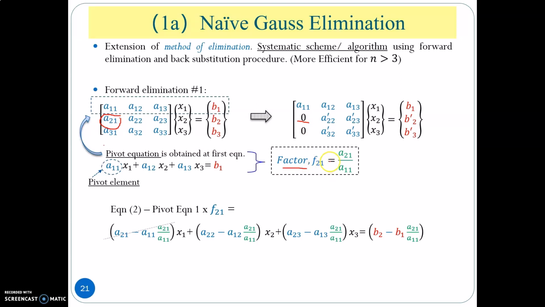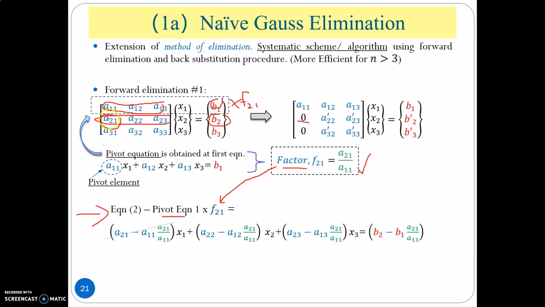So F21 can be obtained by A21 divided by the pivot element, which is A11. Then we can substitute the factor F21 inside this equation, where you have equation 2, which is here, minus the pivot equation 1, which is here, and then multiply with F21.